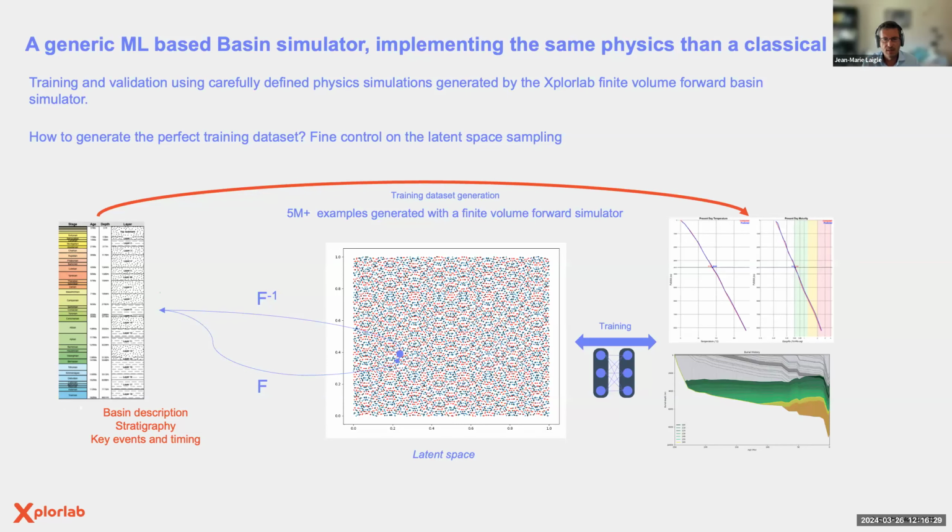We are going to learn from simulation examples, which are generated by a classical forward basin simulator. And the key here is to design a training data set which is going to encompass all of the possibilities in terms of geometry, stratigraphy, sedimentation rate, lithological description, boundary conditions that you can expect in a basin on Earth.